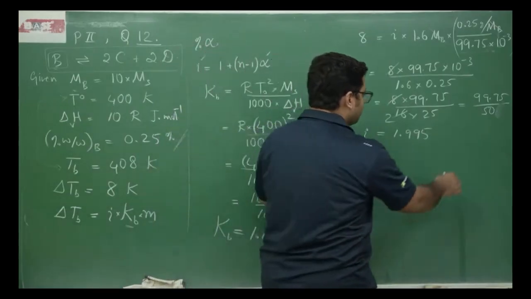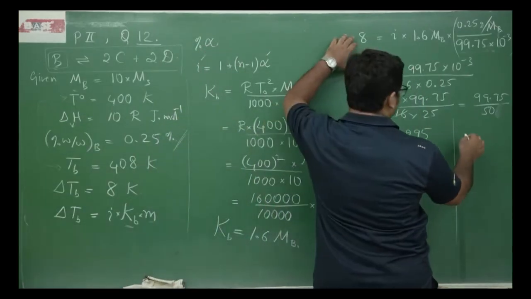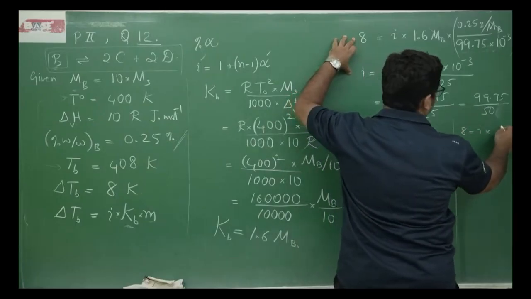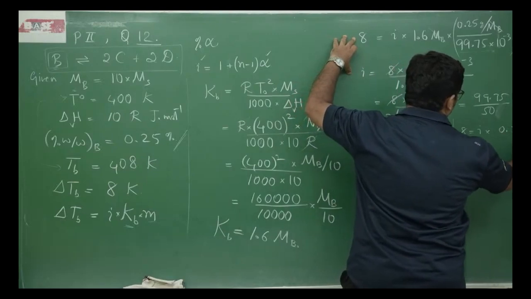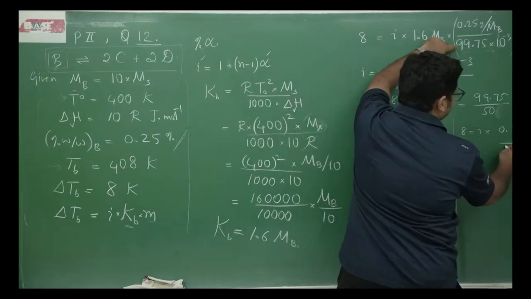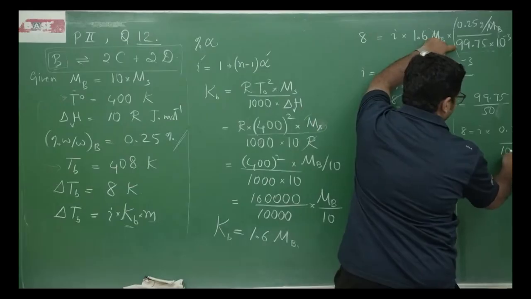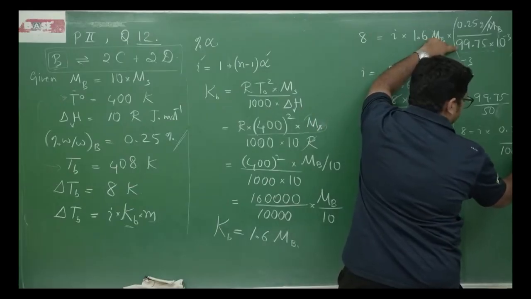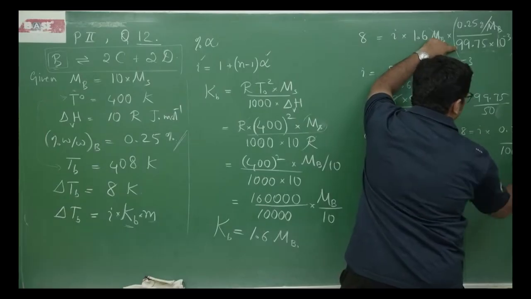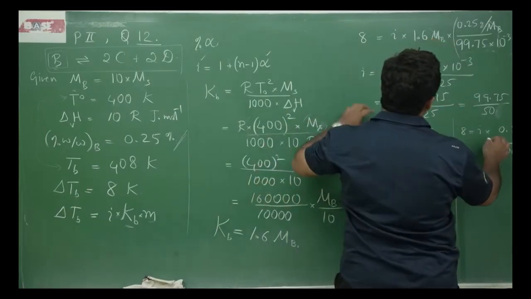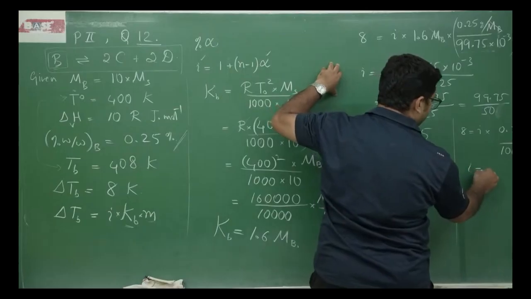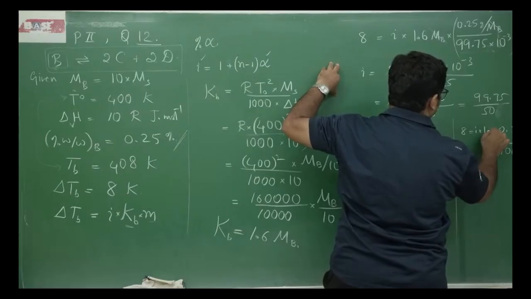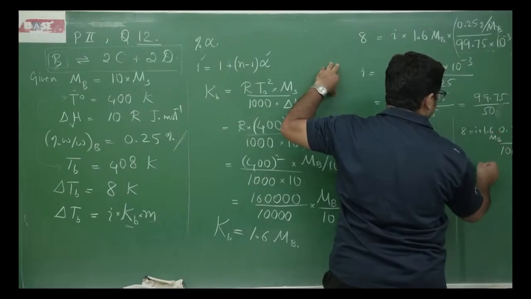If we go by the rounding up idea, 8 will be equal to Van 't Hoff factor into 0.25 divided by molar mass of solute, whole divided by, in place of 99.75 grams of solvent, assuming a dilute solution and taking the entire mass of solution as solvent's mass, approximately 100 grams, converted to kilograms with the factor 10 power of minus 3. Here, I forgot the i into 1.6 times molar mass of solute.